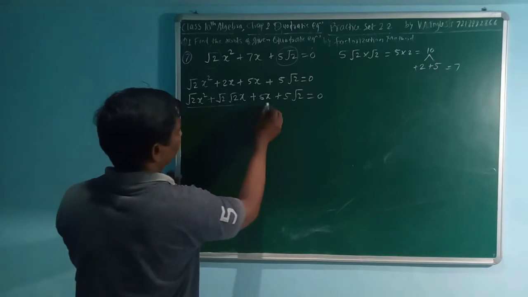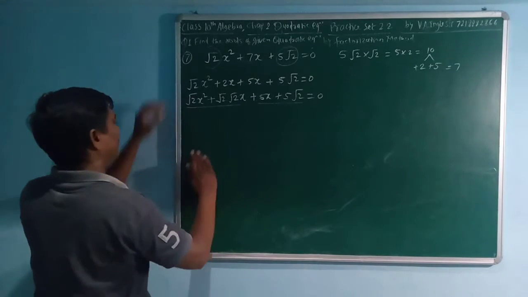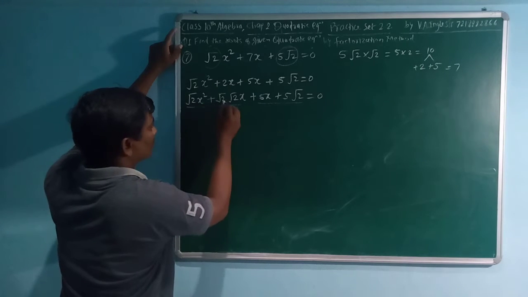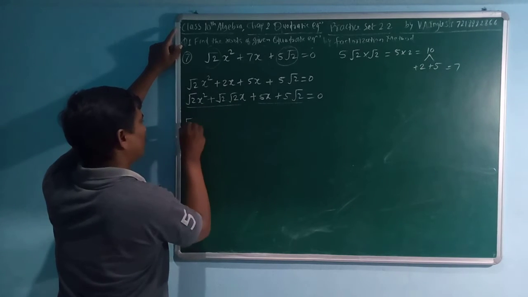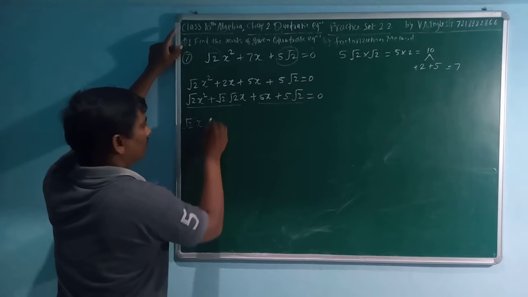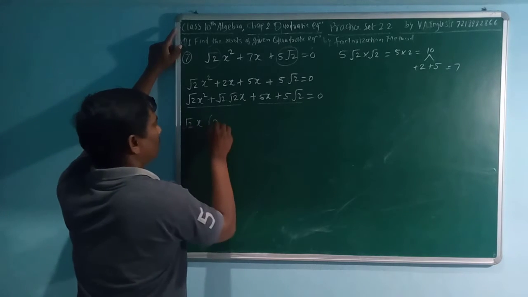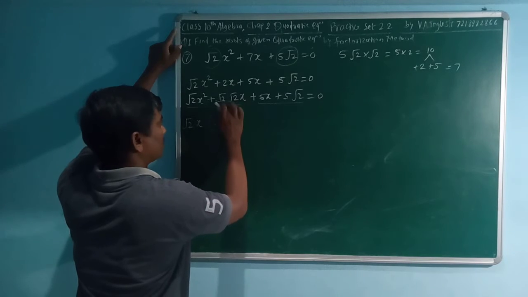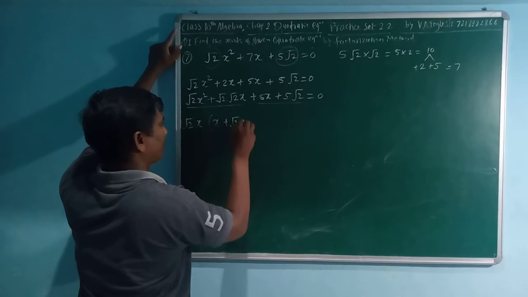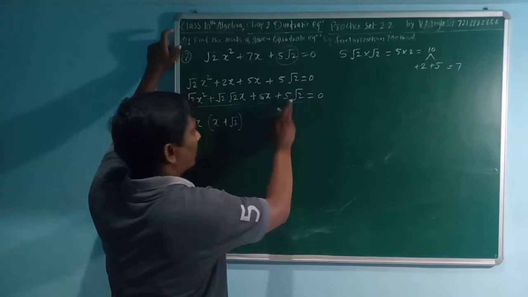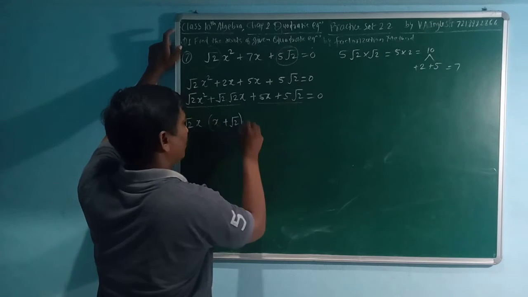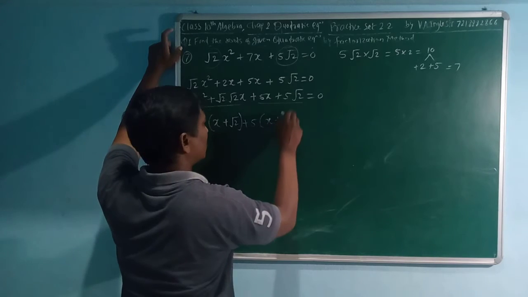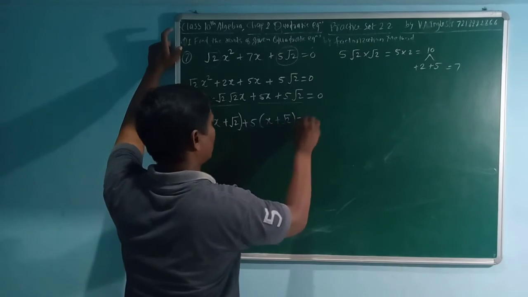Now from these two terms and then from these two terms you have to take common out. So if you look here, root 2x is common, so we'll take root 2 into x common. Here it will be only x, and here we have taken common root 2x, so this root 2 is there. Now if you look at these two terms, 5 and 5 can be taken as common, and the remaining is x plus root 2 equals to 0.